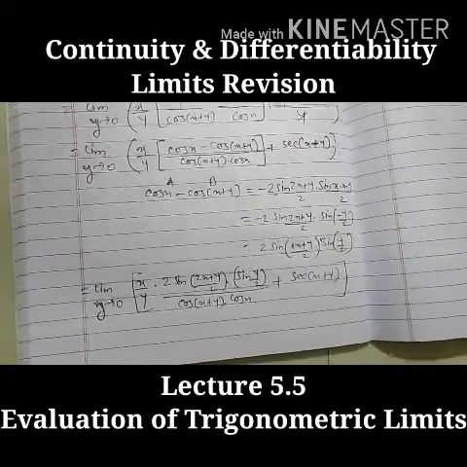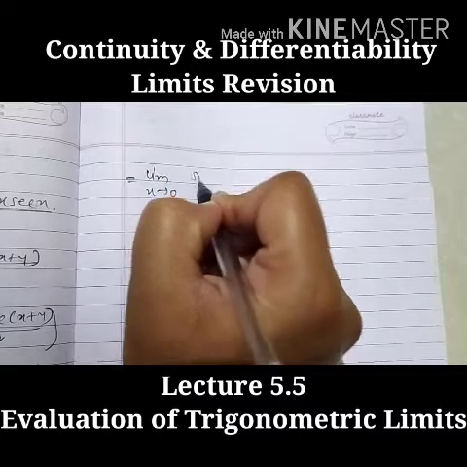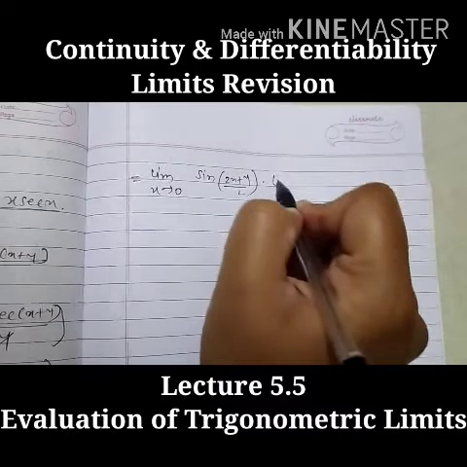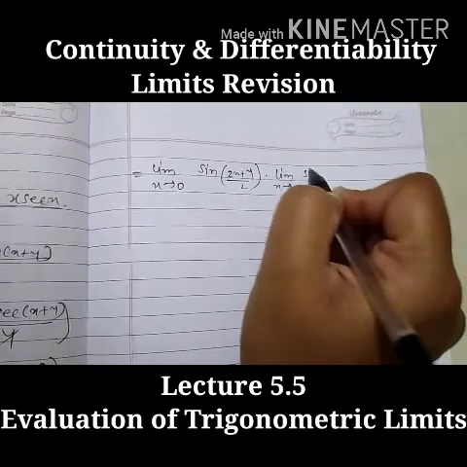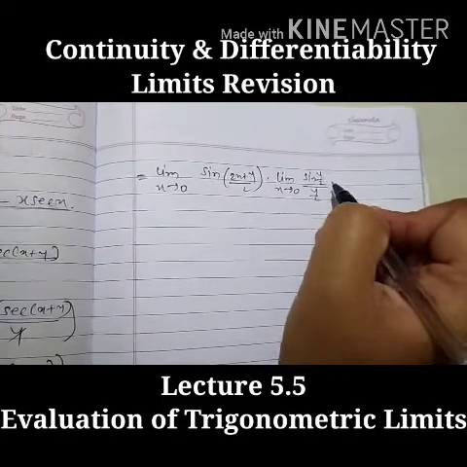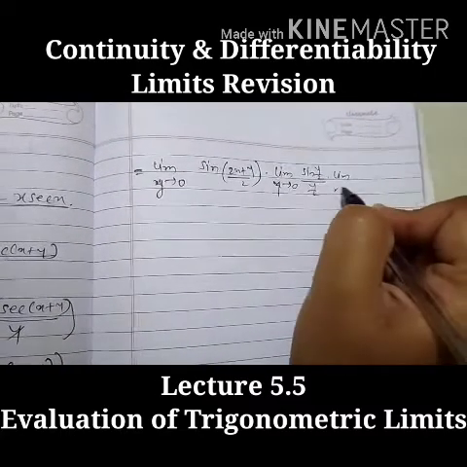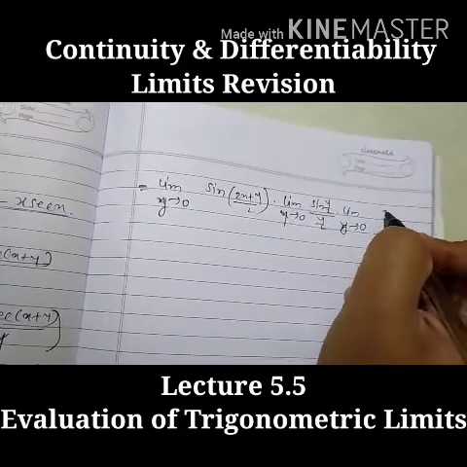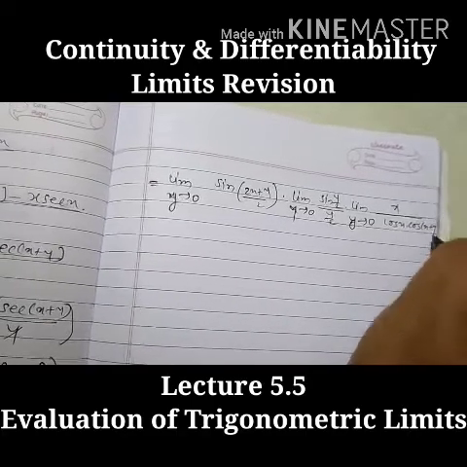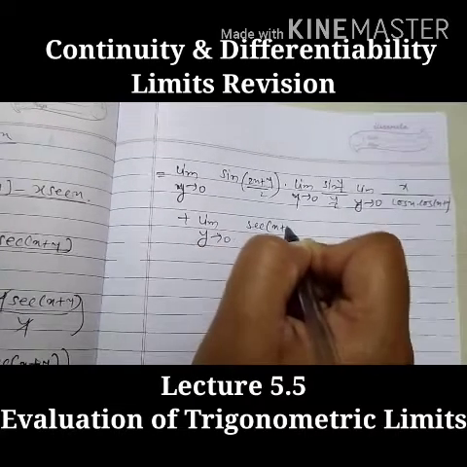Now in the next step, we will separate the limits. Limit as y tends to 0, sine of (2x plus y) upon 2, into limit as y tends to 0, sine of y upon 2 divided by y upon 2, that 2 upon y we have taken as y upon 2, into limit as y tends to 0, x upon the LCM term, cos x into cos of (x plus y), plus limit as y tends to 0, sec of (x plus y).